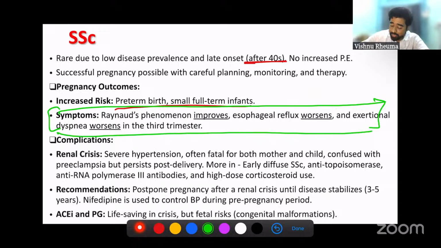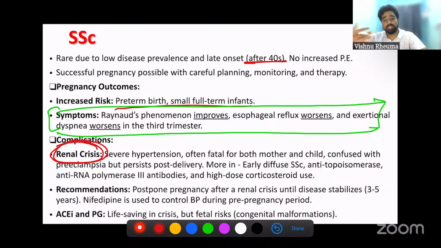Raynaud's phenomenon, as I told you, total peripheral resistance decreases, so Raynaud's improves, but the lower esophageal sphincter relaxes, so GERD worsens. Also exertional dyspnea, because of the increased tidal volume and increased respiratory rate, will worsen, especially in your third trimester. Then if a patient has scleroderma renal crisis, firstly, if a patient has active scleroderma renal crisis with severe hypertension, you should advise not to conceive.